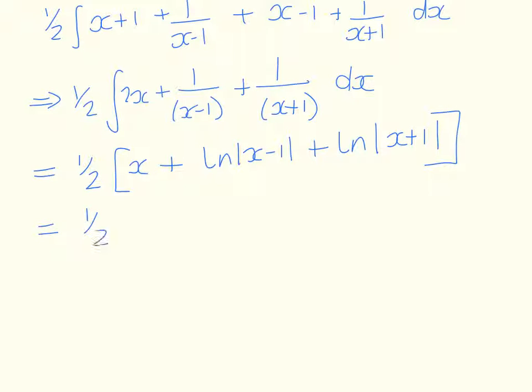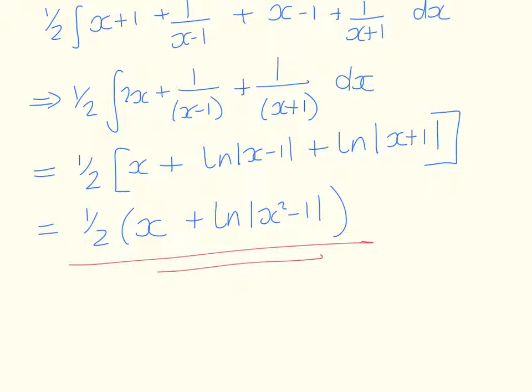Using our log rules, that will give us a half of x plus these two logs added will mean that our x minus 1 multiplied by our x plus 1, which gives us x squared minus 1. So we'll have ln x squared minus 1. And what we've forgotten, it's an indefinite integral, so we must have our plus c.